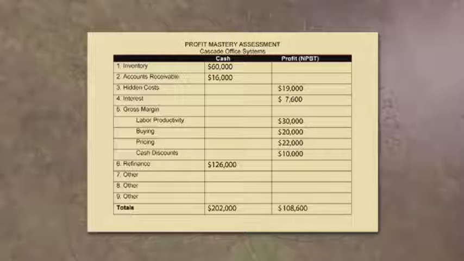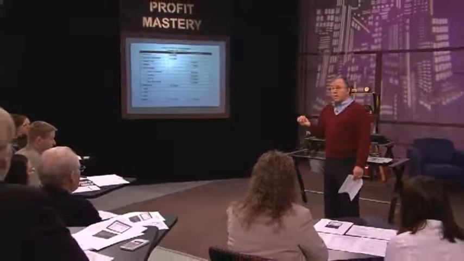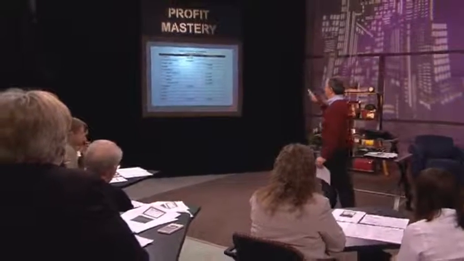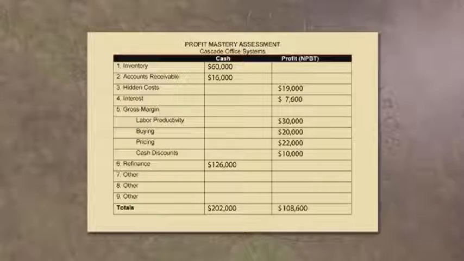The $80,000 of gross margin broken out by productivity, buying, pricing, and discounts, and the refinancing of $126,000. And when I total that all up as far as what's possible here, and remember, the target we've set is measuring them against whom? The median, not the top performers in any way. Cash impact of $202,000 and a profit impact of $108,600.